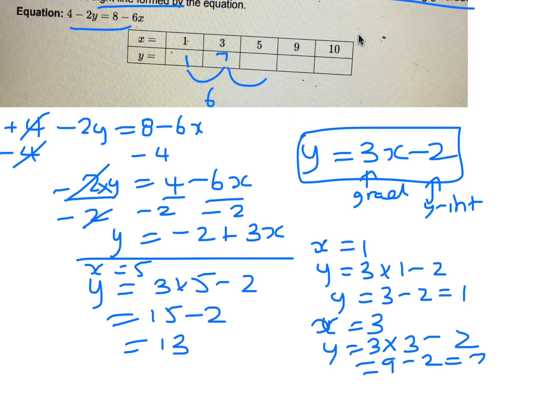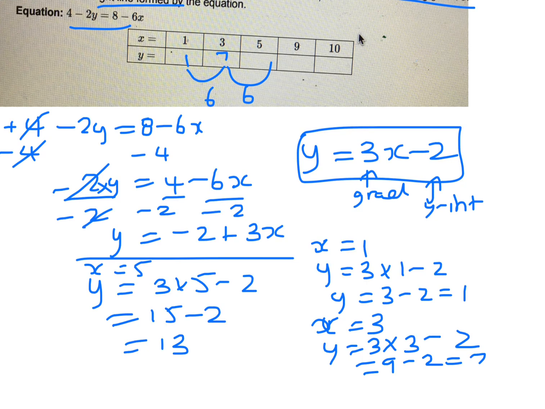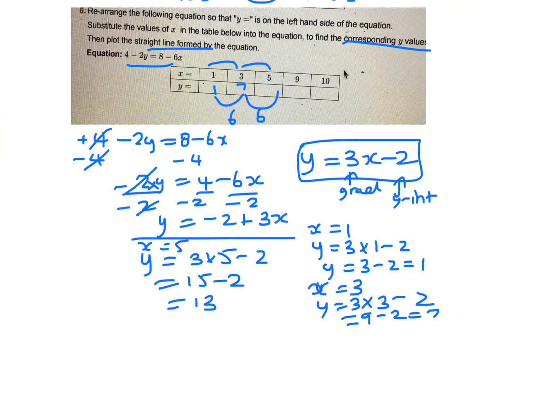Do you notice that they're going up by 6? See how the gradient is 3, but these x values are doubling. That's why normally they go up by 3, but because it's doubling, it's 6. So x equals 9, y is 3 times 9 minus 2. 3 9s are 27 minus 2 is 25.